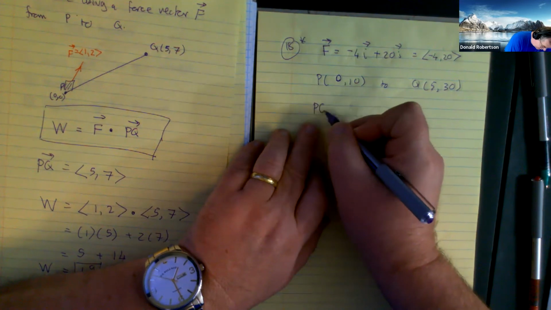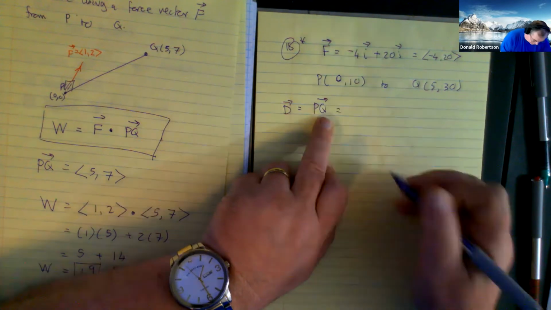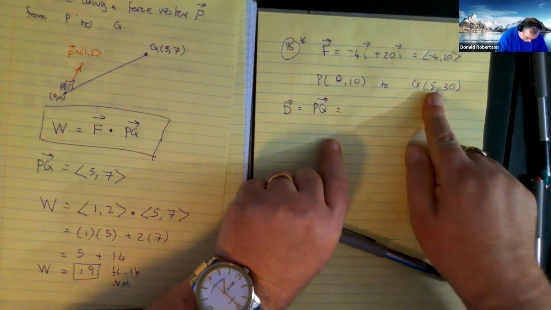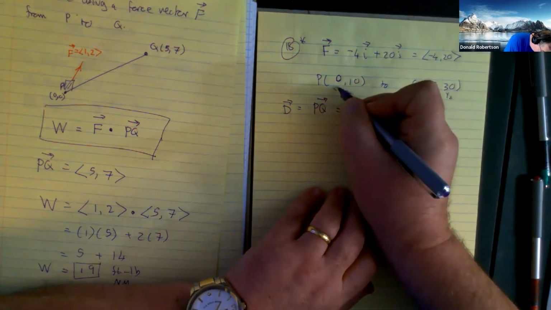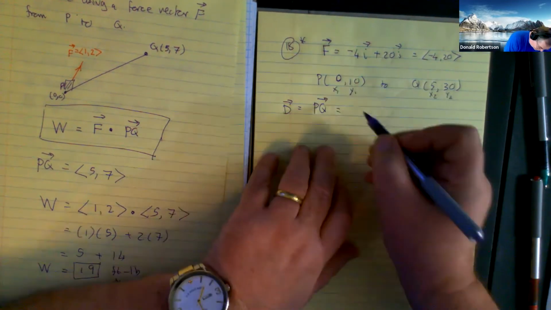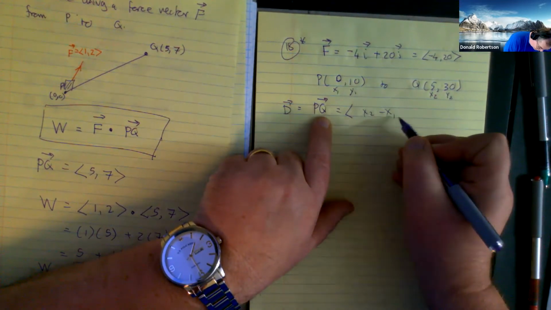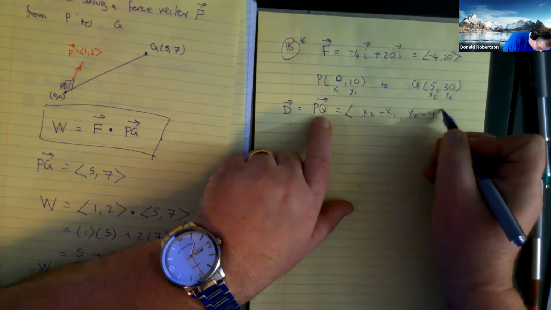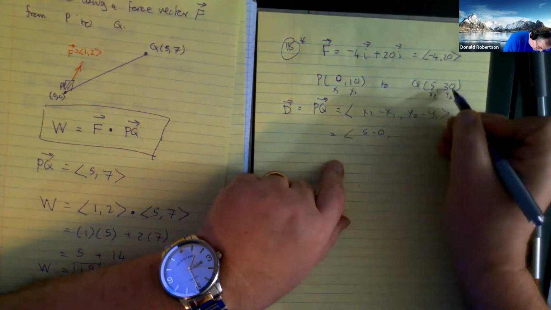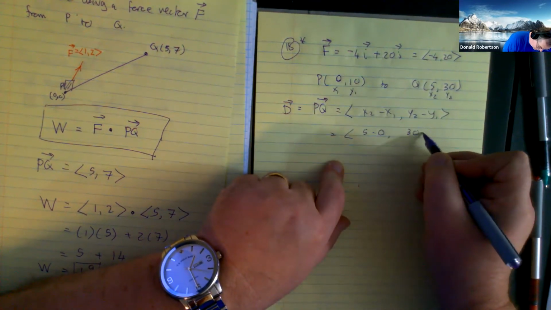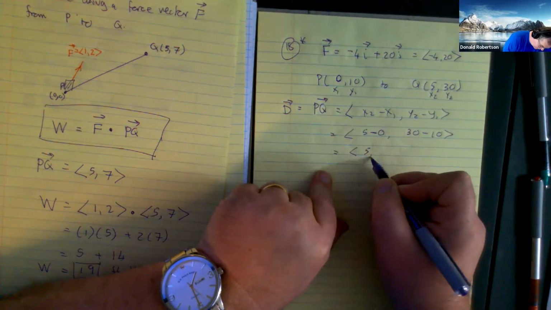And the vector PQ is my distance vector. Right, to do PQ, you go this. I'll show you the formula again. I've been doing 1 take away 2 maybe far too many times. So if you want P to Q, it's second take away first, second take away the first. So it would be 5 take away 0 and 30 take away 10. And that would get me 5, 20.